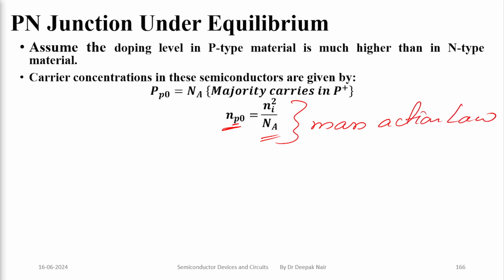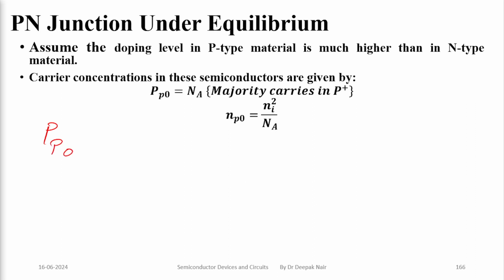If you have not gone through the previous videos, then I would request you to please go through them to understand what the mass action law is and how we can derive this equation. So remember, PP naught and NP naught are read as the number of holes in P type semiconductor and the number of electrons in P type semiconductor.